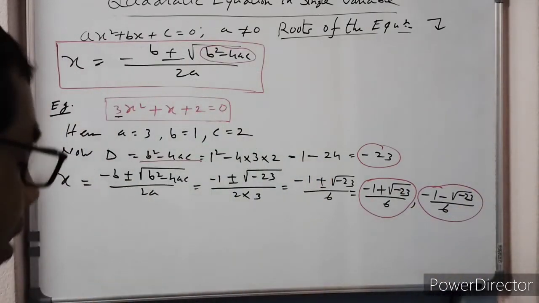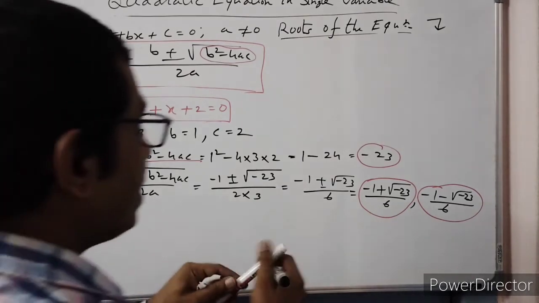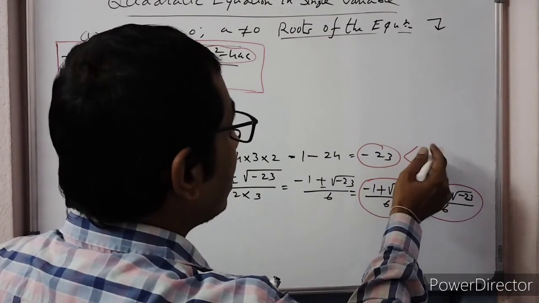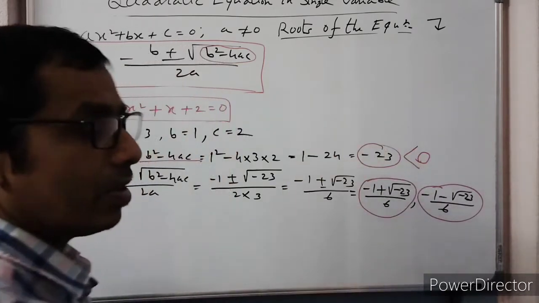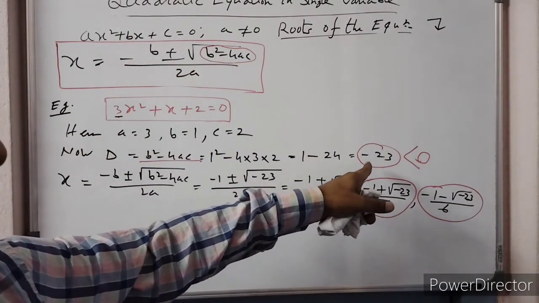See, the roots are imaginary because b square minus 4ac, which is minus 23, is negative, that is less than 0. This is case number 3.